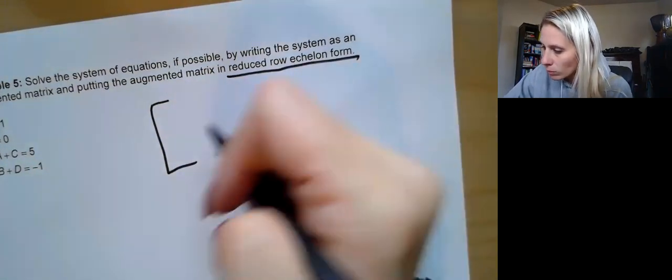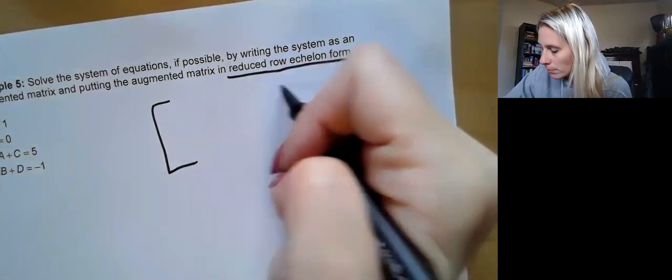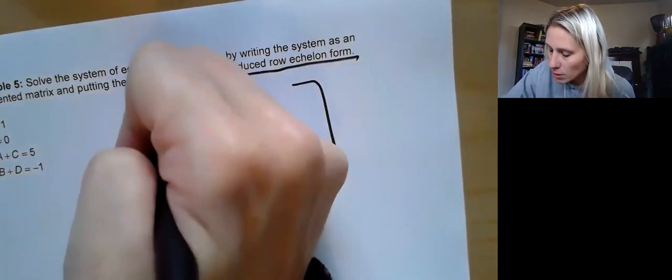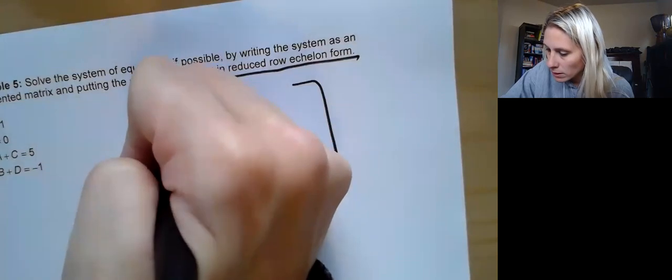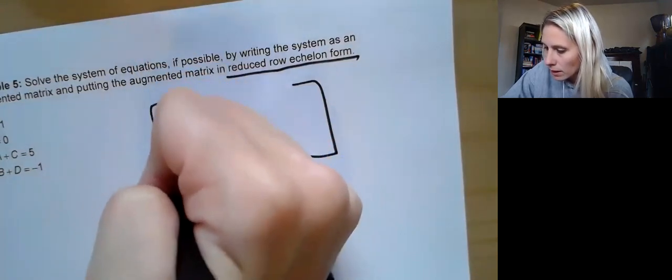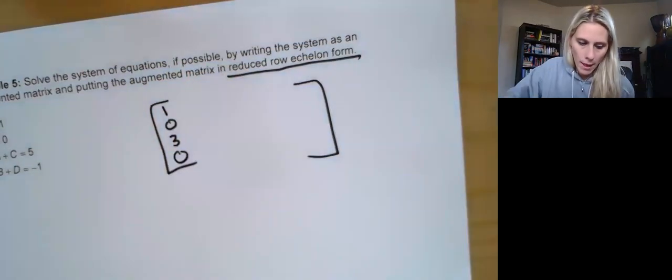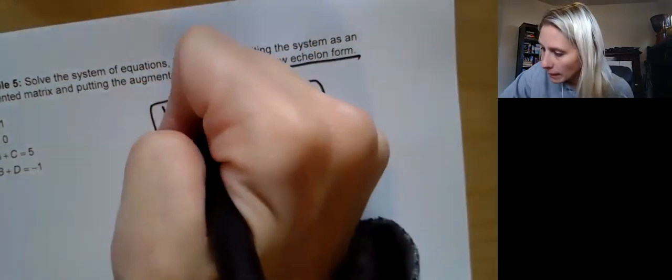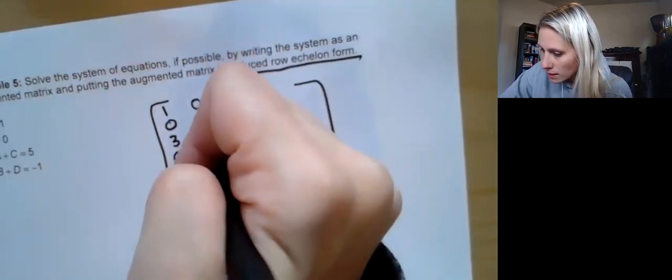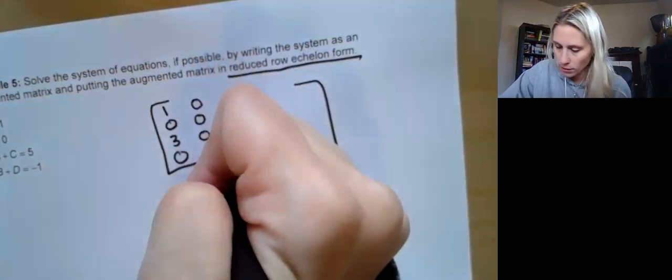And as you can see, we have 4 by 4 there. Okay, I'm going to do my A's first. So A is 1, A is 0 in the second one, A is 3 in the third, and A is 0 in the fourth. B is 0 here, 0 here, 0 here, and 3 here.